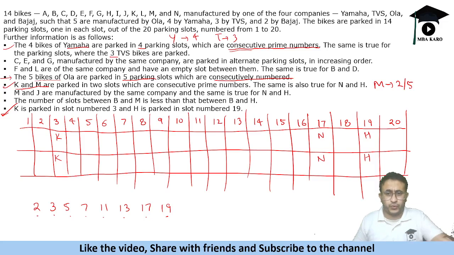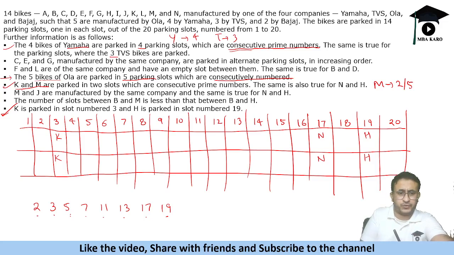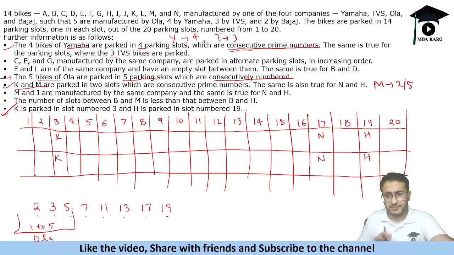If I place Ola in the beginning, अगर मैं Ola 1 to 5 रख देता हूँ, so can I make 7 prime numbers? We need for Yamaha 4 prime numbers. For TVS, we need 3 prime numbers. Can I make 7 prime numbers? No, we are left with just 5, right? So Ola cannot be in the beginning.